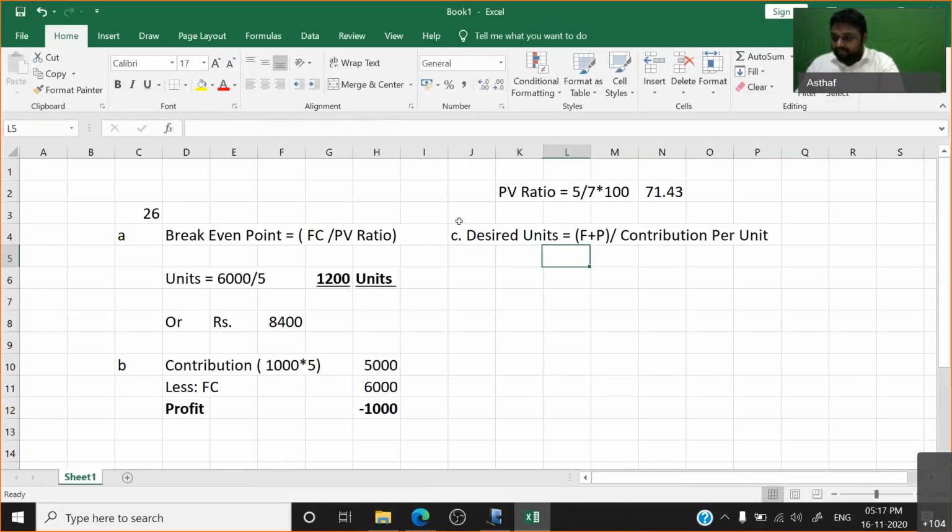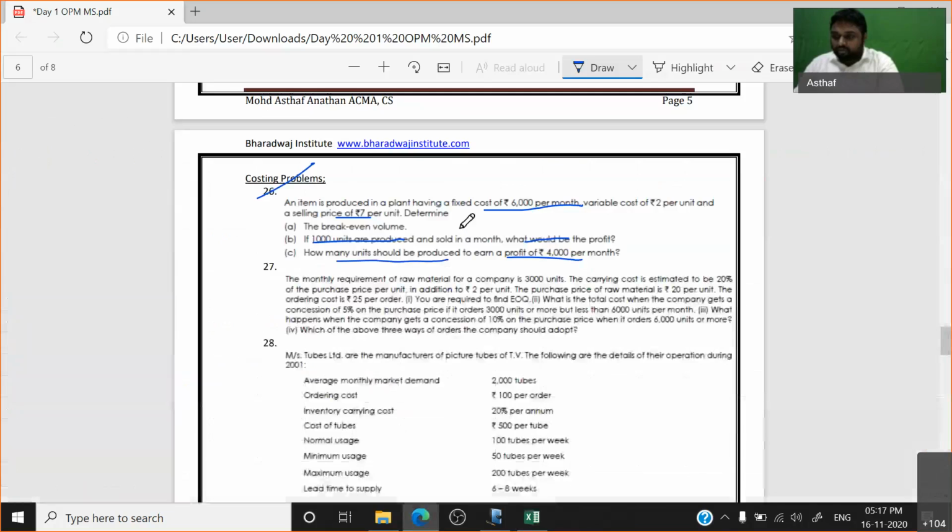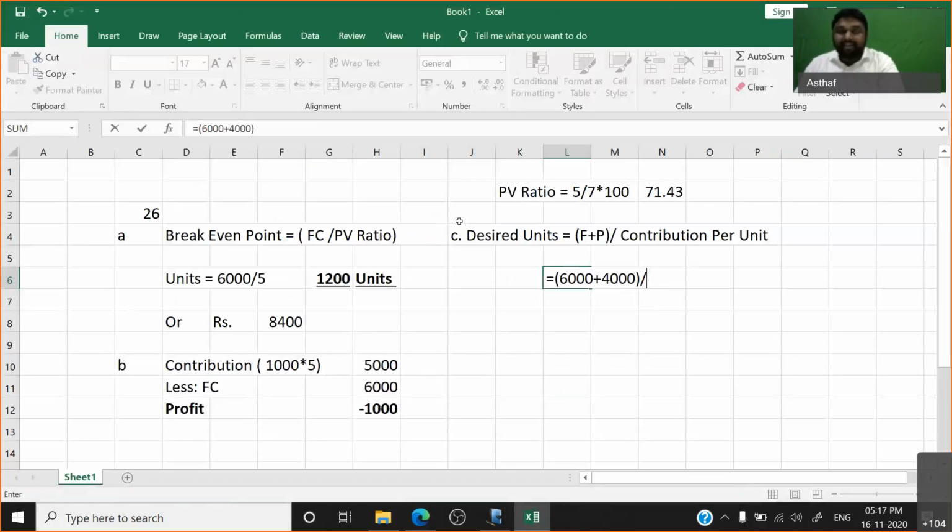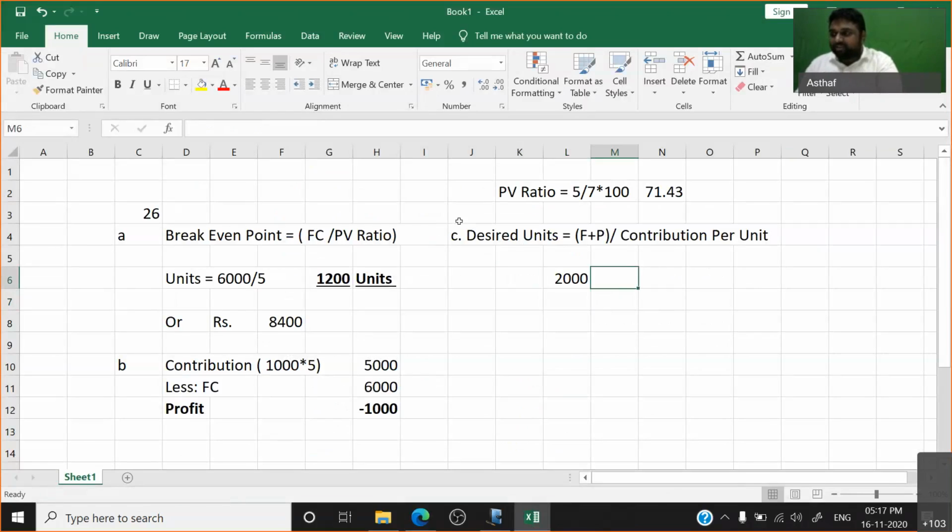So what is F? Fixed cost is 6,000 plus you want a profit of 4,000, divided by contribution, which is 5 rupees. We will get 2,000 units. Copy fast. This kind of question will come for 6 marks, and we can score very easily.